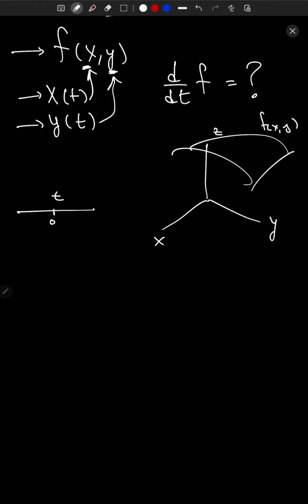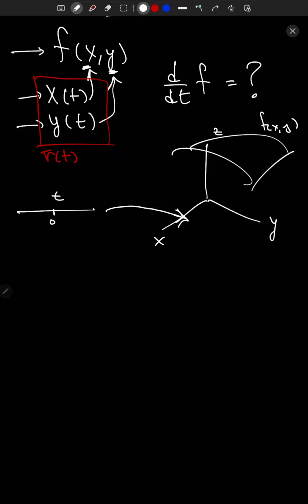And we've got a composition because we're going from the line into the xy plane. That's what the x of t and y of t represent. It's essentially a vector valued function like we talked about in the previous chapter. Probably the best way to think of this is you've got t representing time.